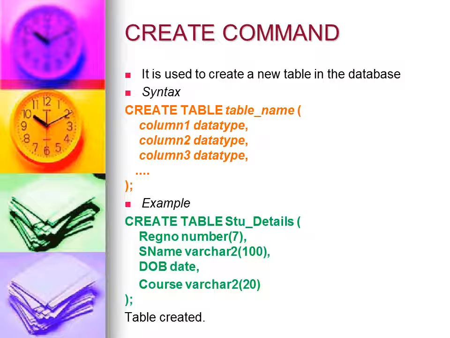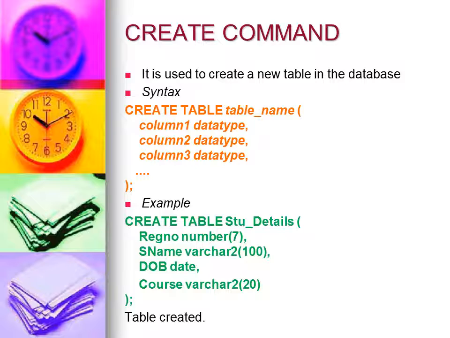That is, we are creating the table student details with 4 fields: register number, student's name, date of birth, course detail. Here register number is number data type, which can store up to 7 digits. And next is student's name. Student's name is varchar2, that is character data type. We can store up to 100 characters in that.